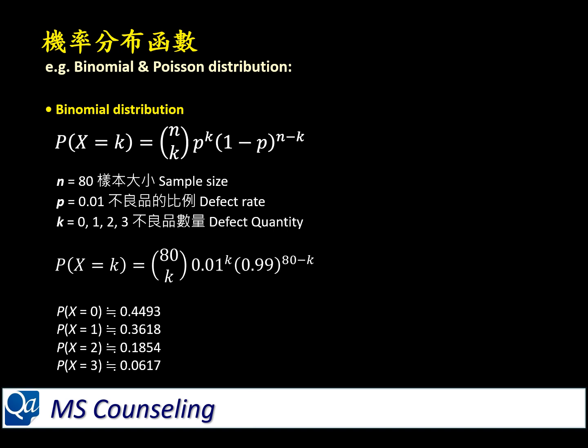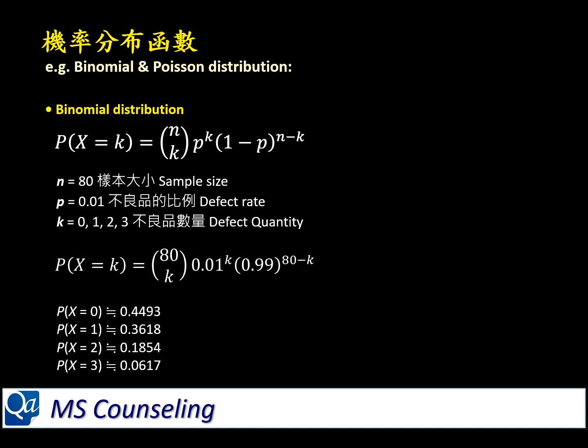Assuming that each product is sampled independently and the probability of a defective product is p, the binomial distribution is applicable if the inspection of each product is an independent event. The formula for calculating this chance is shown, where n is the sample size, 80 units, k is the number of defective units found, and p is the probability of each unit being defective. The AQL here is 1.0%, which means the defect probability of each product is p equals 0.01.